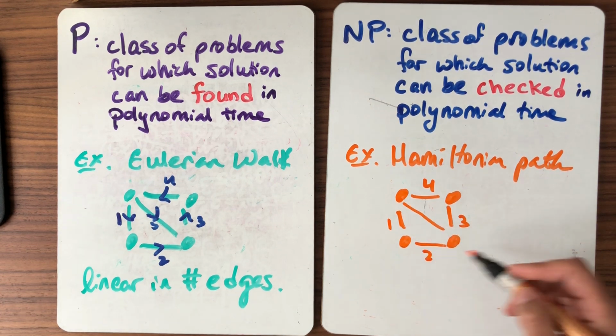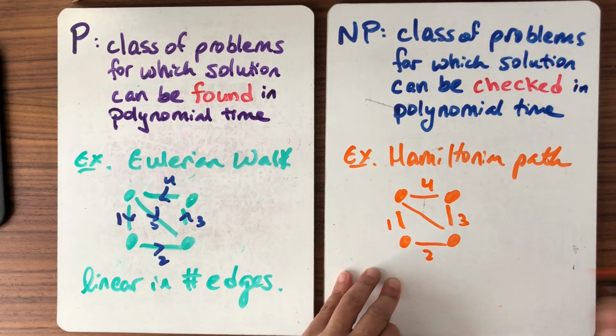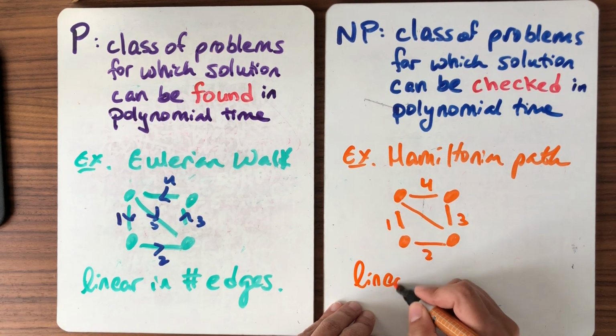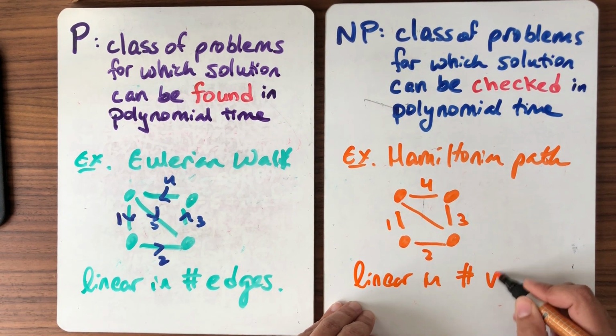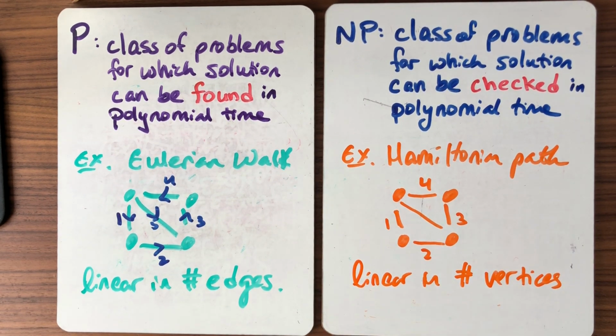It touches every vertex exactly once. You can check that, and the complexity of doing it is linear in the number of vertices, right? You just walk through the path, and we know the path is going to hit every vertex exactly once. If it hits one more than once, we stop, and if it doesn't hit them all, then we've stopped prematurely. So it's certainly going to be linear in the number of vertices.